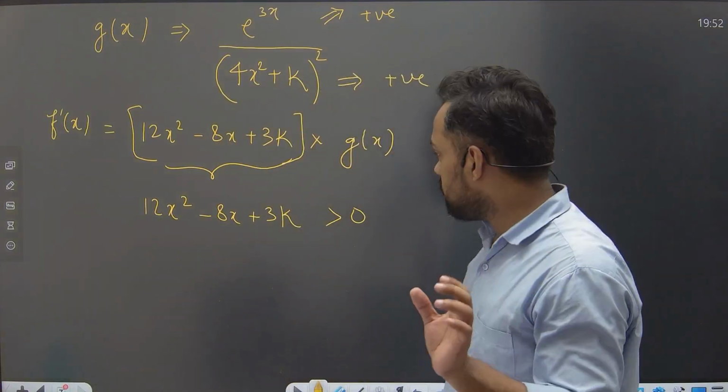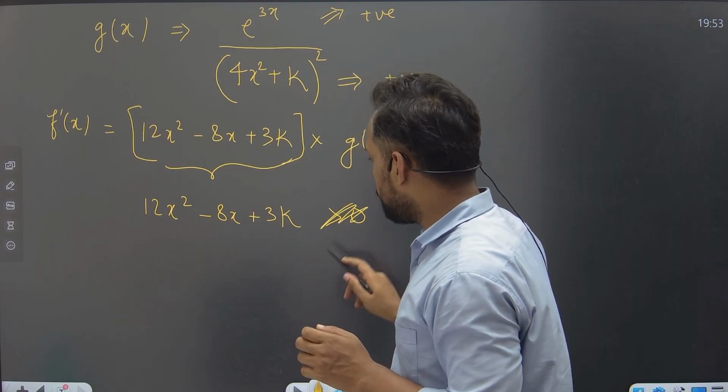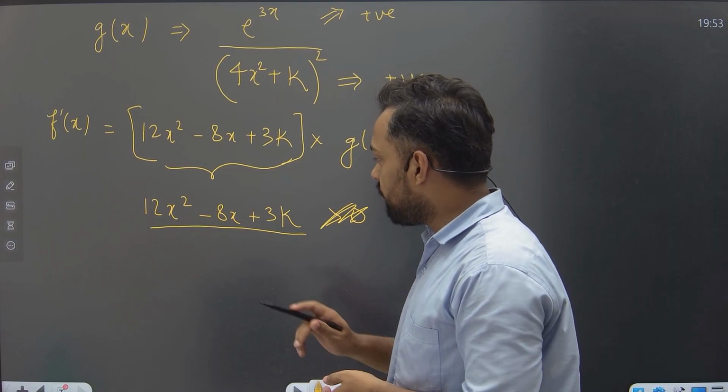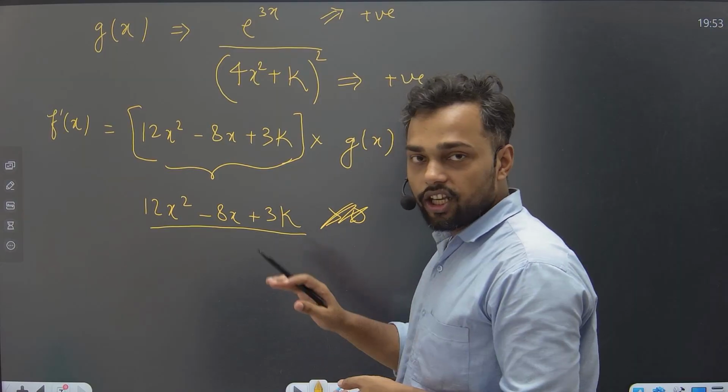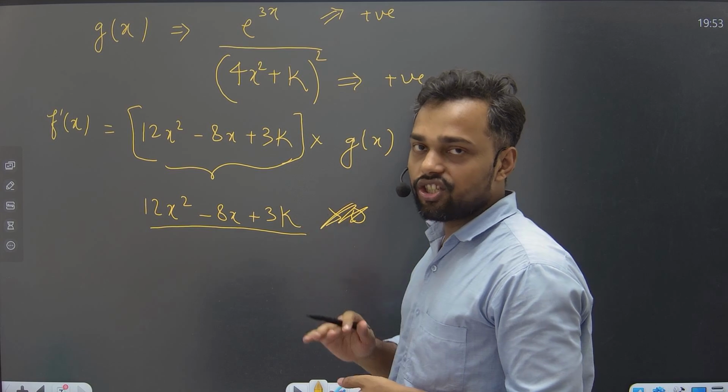It means it is having one stationary point. So this part, 12x² minus 8x plus 3k, must be factorized, or it must have a root, then only we will be able to get the stationary point.